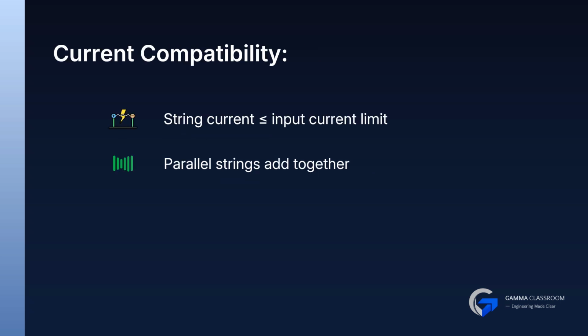Next, we check current. String current must be less than or equal to the inverter's input current limit. And remember, all parallel string currents should be added together.